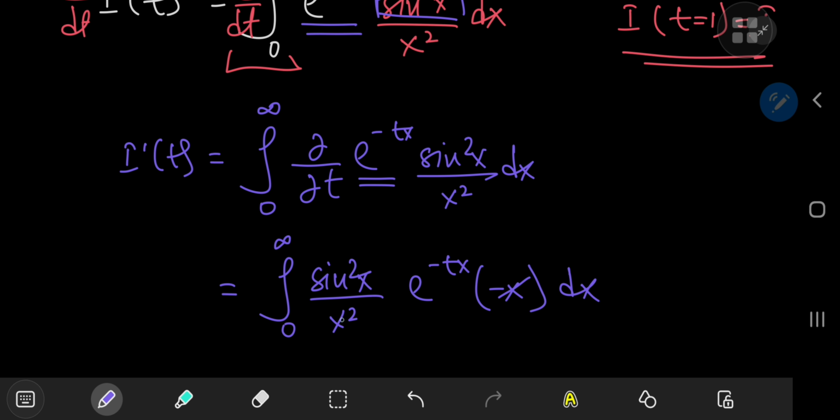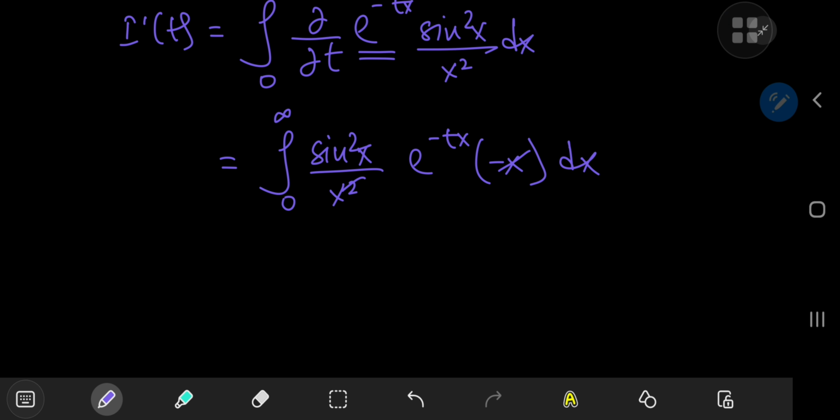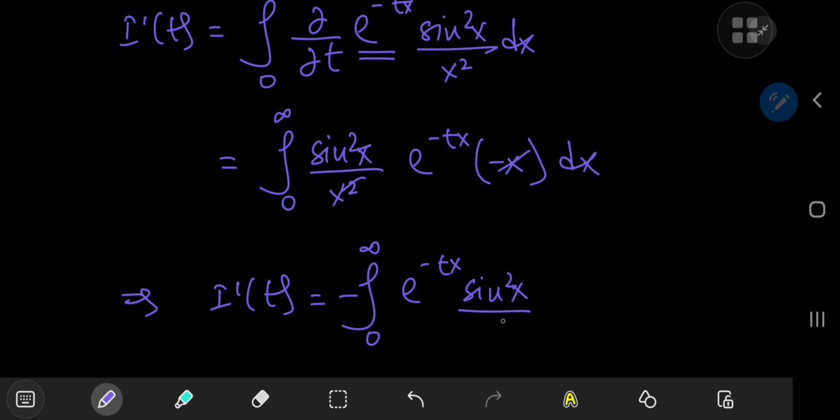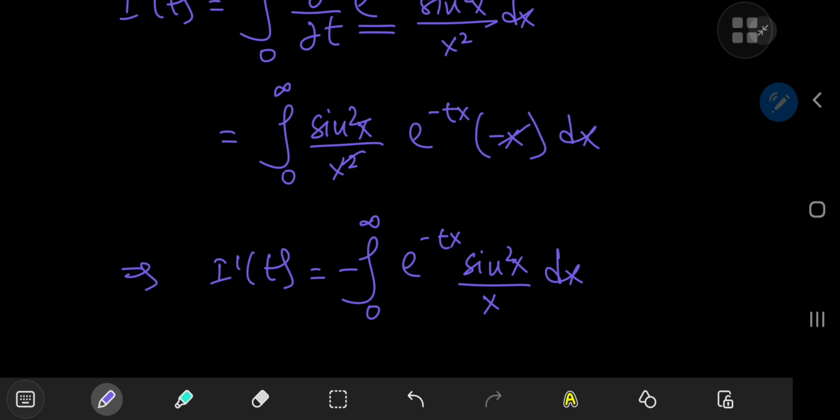So one of the x's cancels out quite nicely, and you're left with the derivative of I with respect to t being equal to the integral from 0 to infinity of e to the negative tx, with an extra negative sign, times the square of the sine of x divided by x dx.